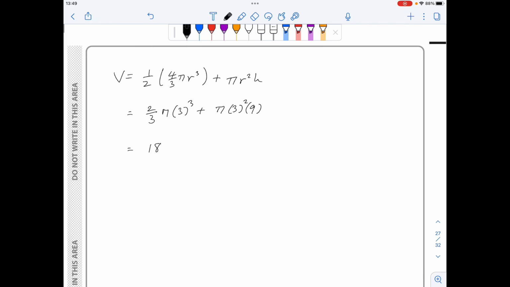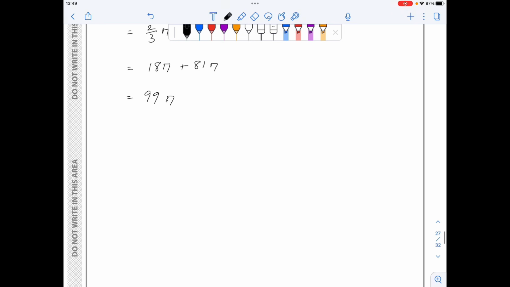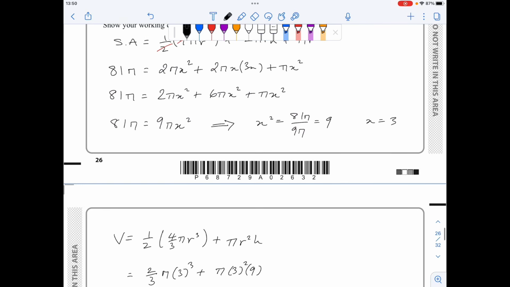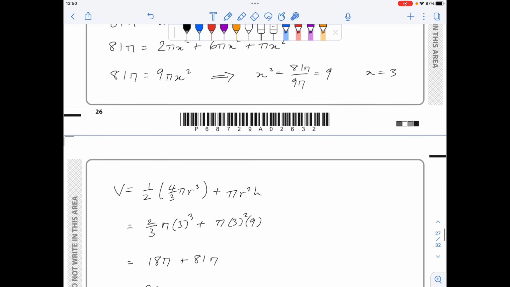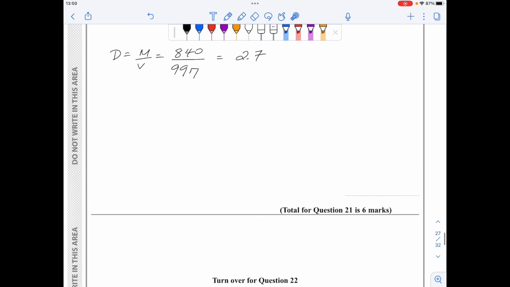This gives me 18 pi plus 81 pi, which is equal to 99 pi. Hence, the density, which is mass over volume, comes out to be 840 over 99 pi, which is equal to 2.7. And if you look at the table, that's the density of aluminium. So our solid is made up from aluminium.